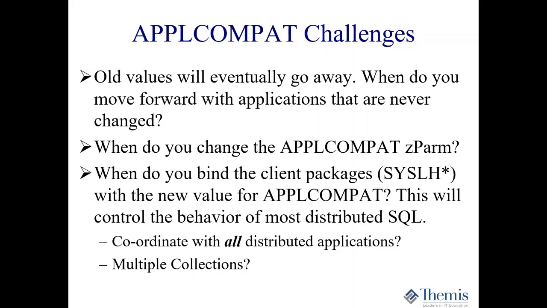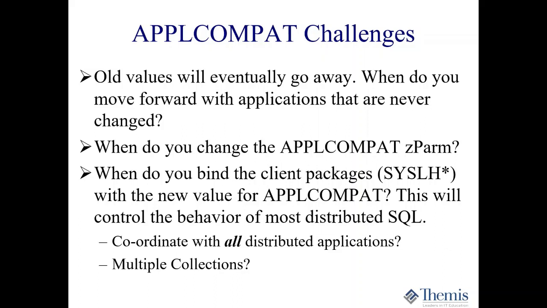This is another challenge because, if I go to rebind those things at a more current function level, I have to determine whether everything distributed that's using them is ready for the new behavior. So do I coordinate with all of my distributed apps and figure out whether they can handle the new function level?